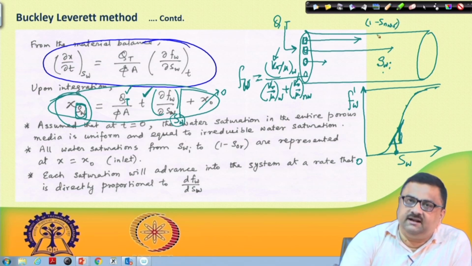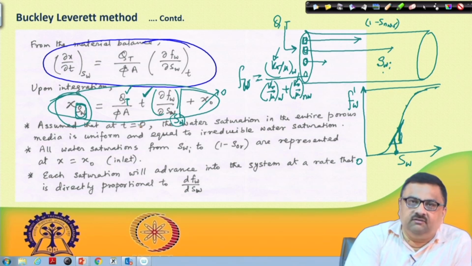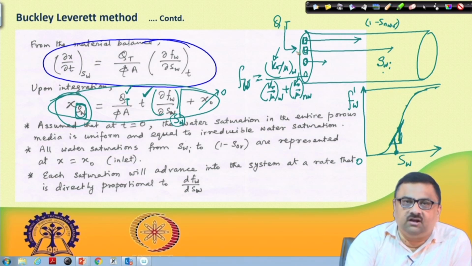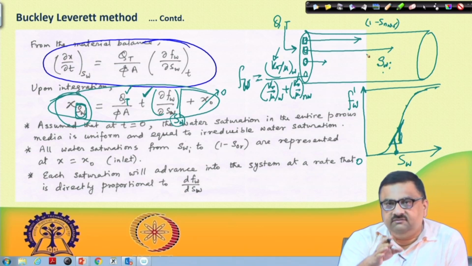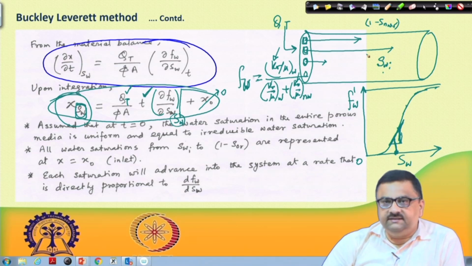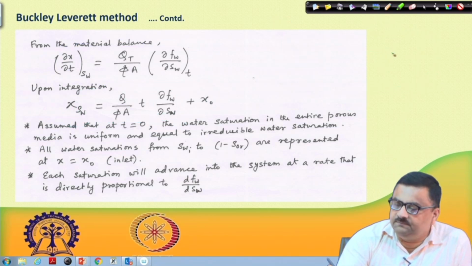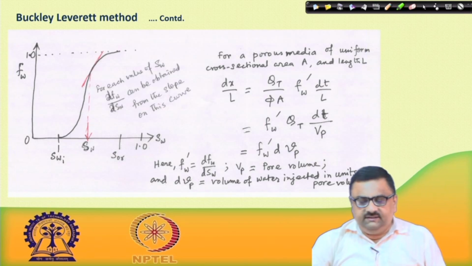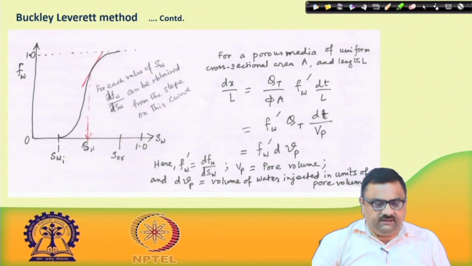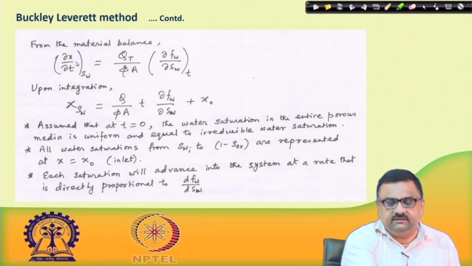Within this range, whatever saturation packets are possible, they will travel as per this equation. So, for each packet we need to find out how far it travels, and based on that we generate the curve of how saturation changes with distance. Now let us proceed further. If we look at this expression once again, here we have dx.